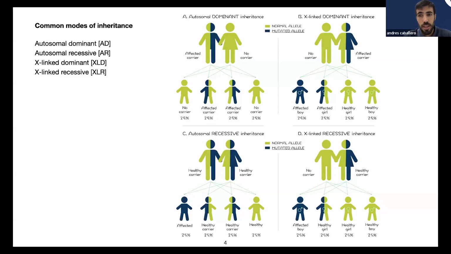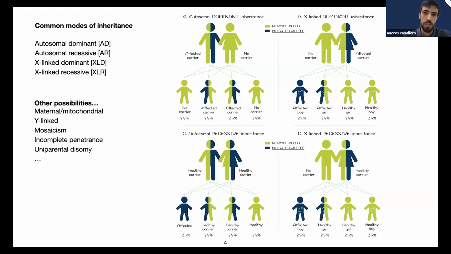In X-linked conditions, usually the mother is the one transmitting the mutated allele to the offspring. In X-linked dominant, either girls or boys can develop the condition, but in X-linked recessive, mostly boys develop the condition, as probably most of you know is the case of Bruton's agammaglobulinemia with mutations in BTK, which is located on the X chromosome.